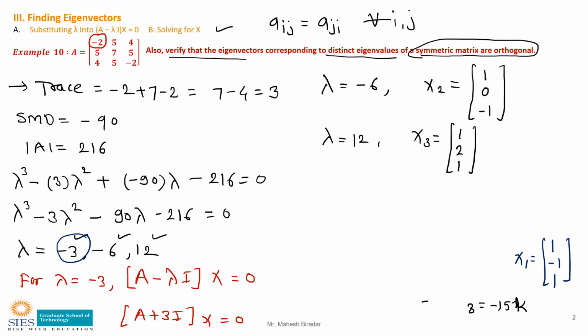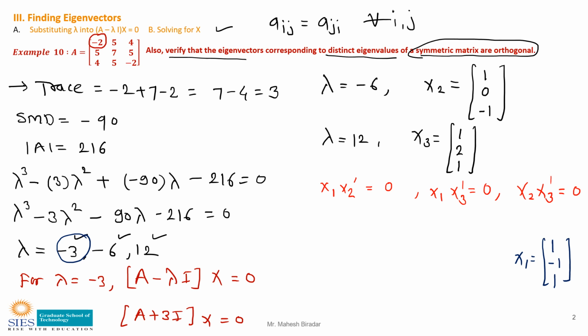Now, let me show the orthogonality property. You can see here what we have to prove. x1 and x2 both are orthogonal to each other, means their product is equal to 0. Also, x1 with x3 dash is 0 and x2 with x3 dash is also 0. Dash means transpose here.